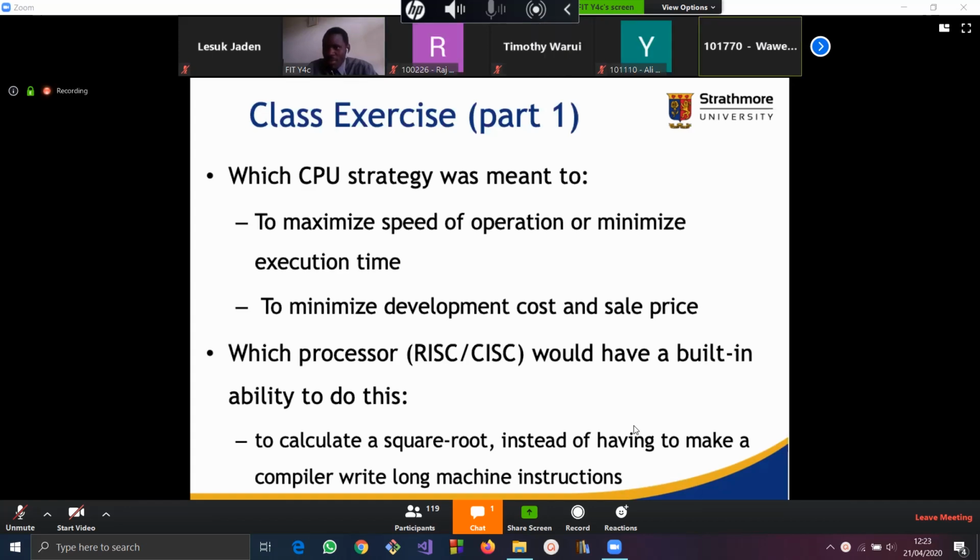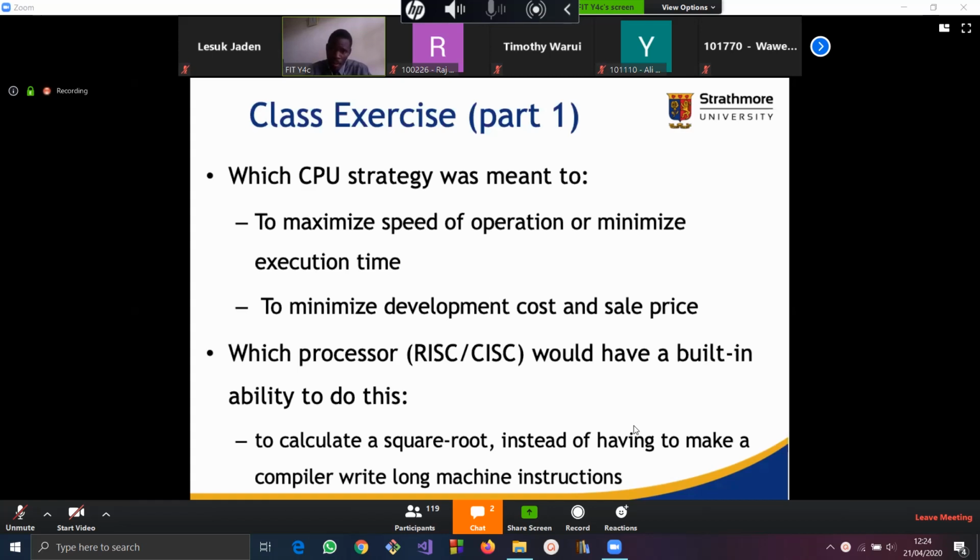For this, our group chose CISC because it's a complex processor, meaning it must have the capability to calculate square roots built into the hardware, compared to RISC, which has it on the software side. For RISC, it would have to come up with long machine instructions to calculate the square root, instead of CISC, which has it built in. Okay. I don't need to add anything to what was said, so that is correct.